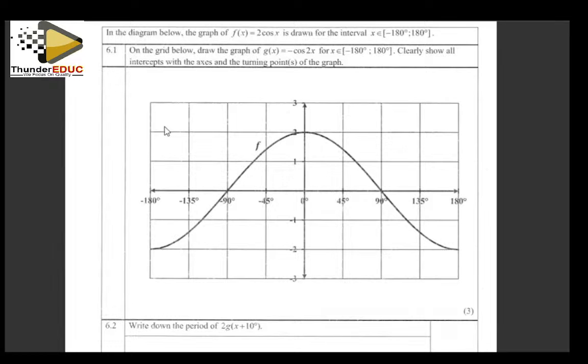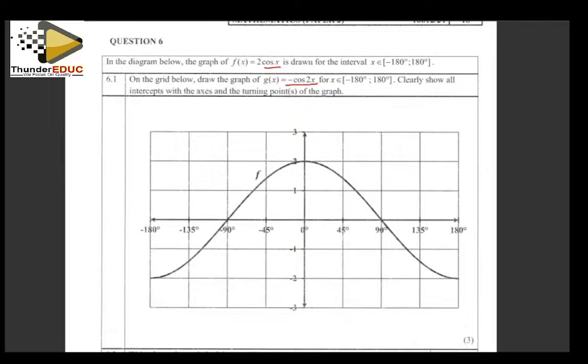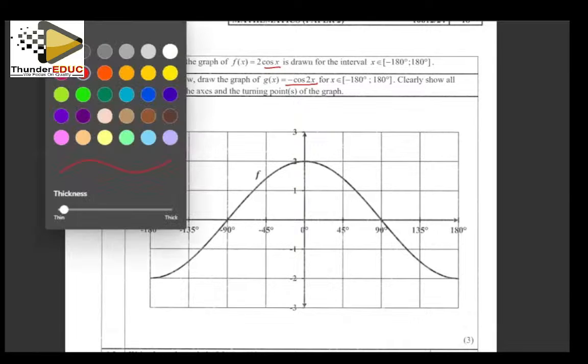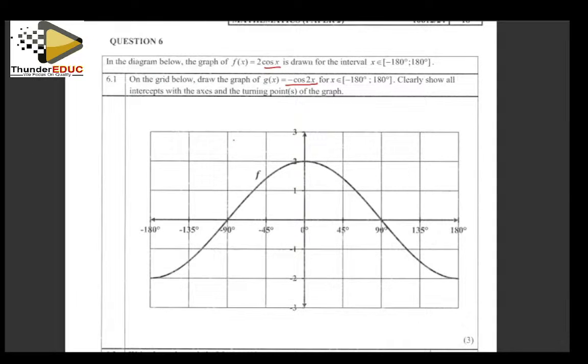So if I look at the diagram, negative 180 is negative 1. Negative 135 is 0. Negative 90 is a 1.